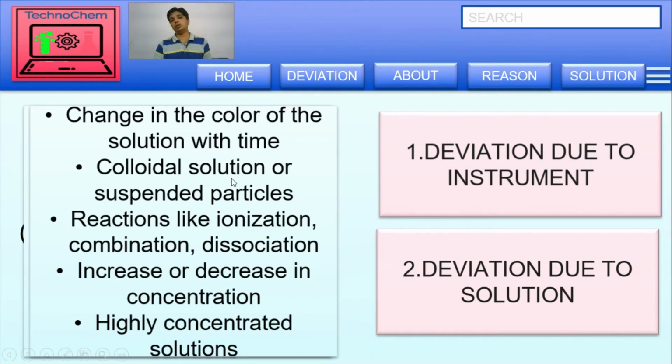Formation of colloidal solution or suspended particles may deviate the graph. Side reactions like ionization, combination, dissociation, increase or decrease in concentration may lead to deviation, or use of highly concentrated solution.